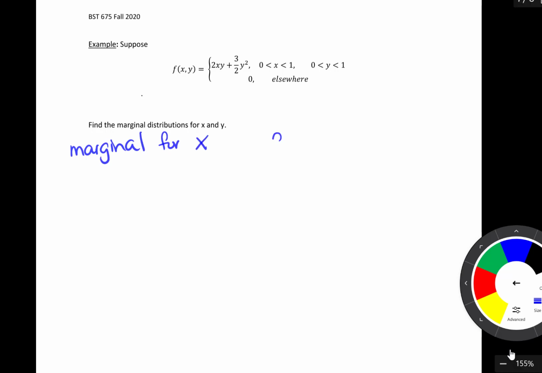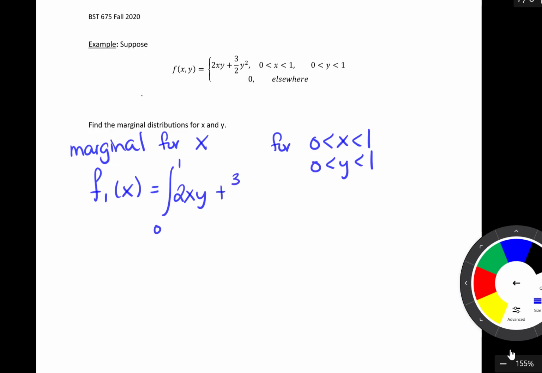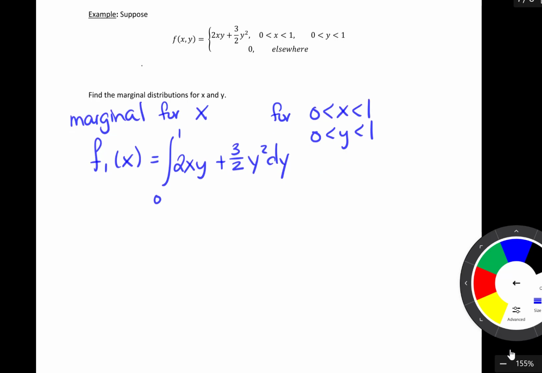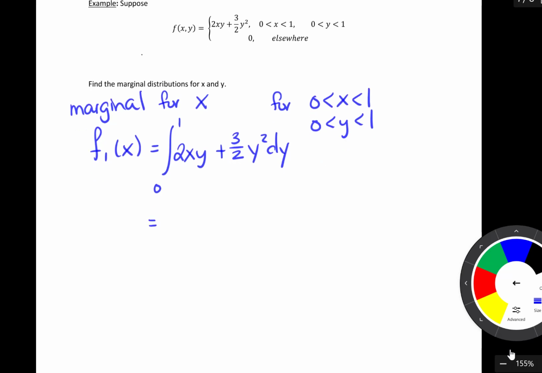So first, notice that x exists between 0 and 1. To find the marginal for x, what we're going to do is integrate over the sample space for y, and y also exists between 0 and 1. So we're going to integrate from 0 to 1, 2xy plus 3 halves y squared dy. This gives us the following.